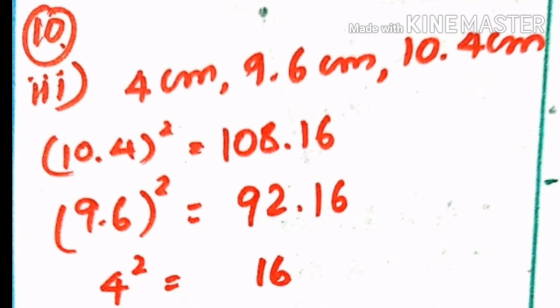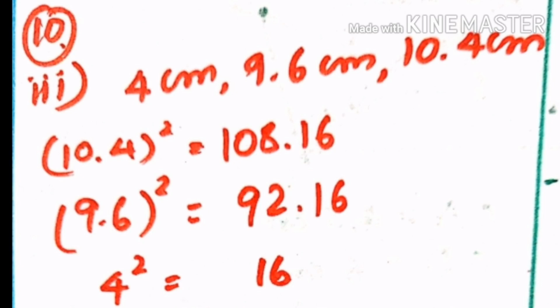So here now we start with question number 10. Which of the triangles whose sides are given below are right angled? Means we have to check whether the given sides form a right angle triangle or not. So I am solving number 3, in which the 3 sides are 4 cm, 9.6 cm and 10.4 cm.